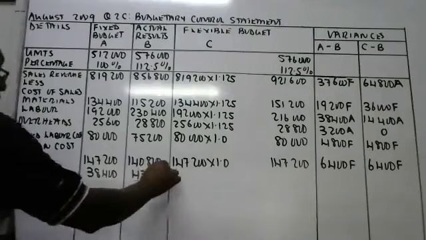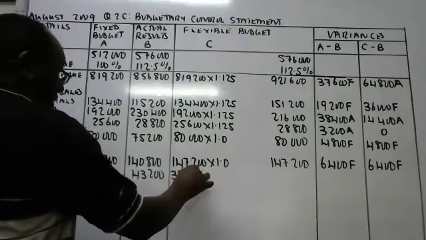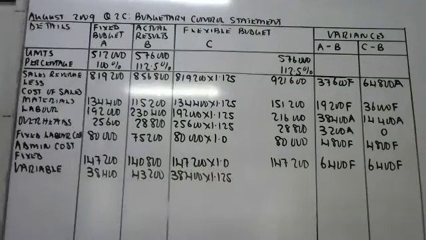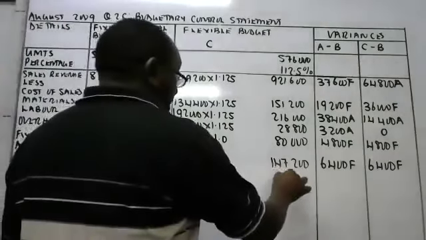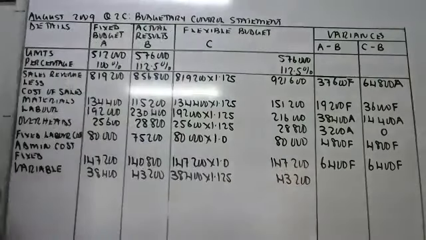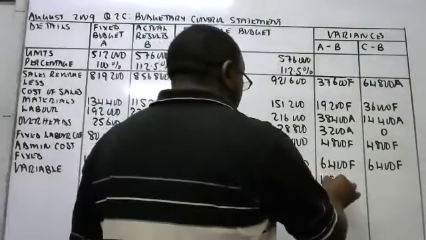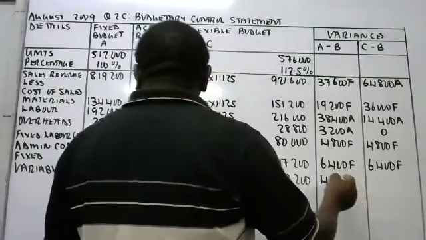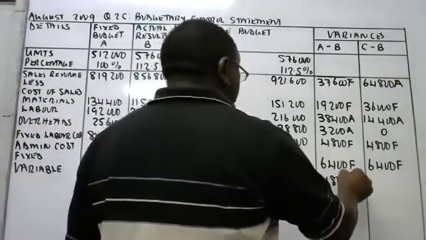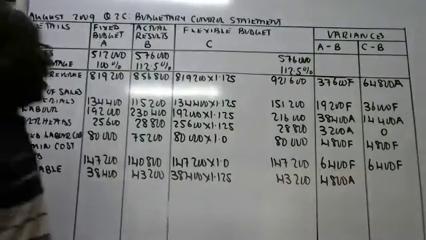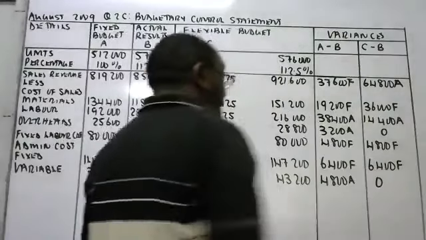If yes, then for the 38,400 you multiply by 1.125, which gives 43,200. The variance for the first one, 4,800. Favorable or adverse? It is adverse because you spent more. Then in the other one, this is 0.